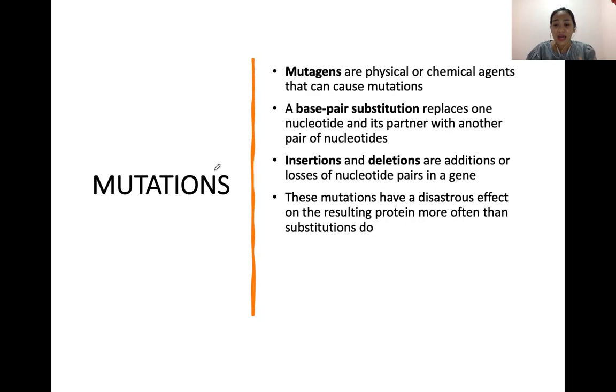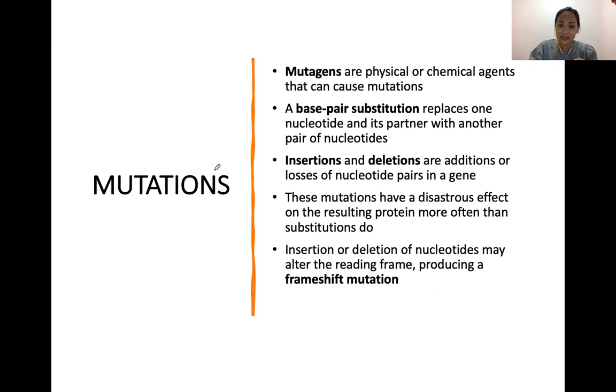So these mutations could have a disastrous effect on the resulting protein more often than substitutions do, because there could be shifts in the reading frame, or ORF, open reading frame, of the sequences. So it may alter the reading frame, like what I said, producing a frameshift mutation.